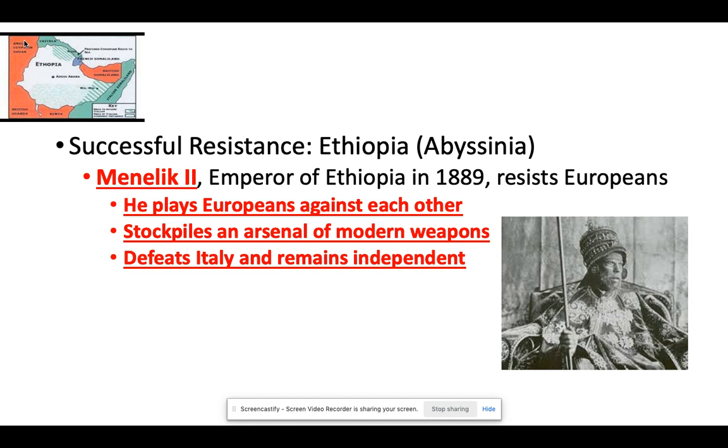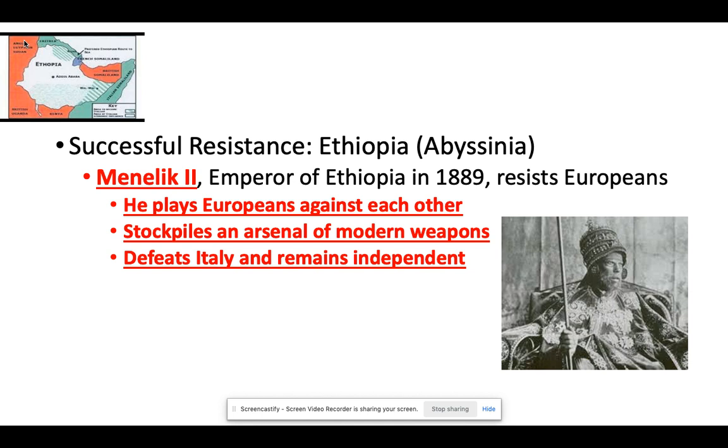They want this area. And so Menelik II will be able to play them against each other. It's like you go to the Italians and say, well, this is what the French are offering. What do you have to offer? Go to the British and tell them the same. And keep them after each other and not really focusing that much on you.